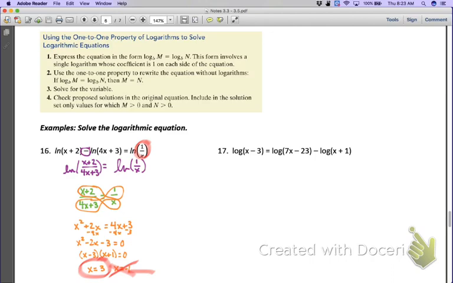So 17, I have log of x minus 3. What am I going to do with the 7x minus 23 and the x plus 1? Since it's subtraction? Divide. So I have 7x minus 23 and x plus 1.